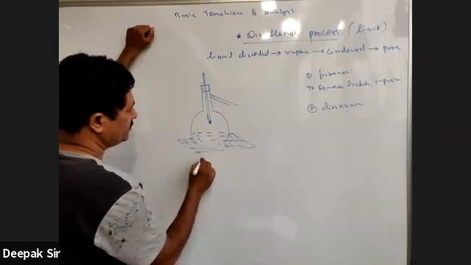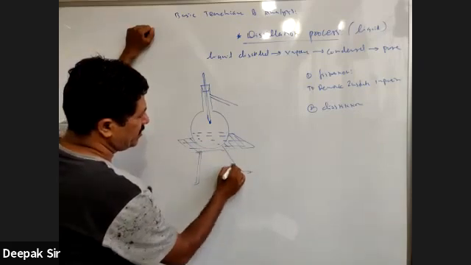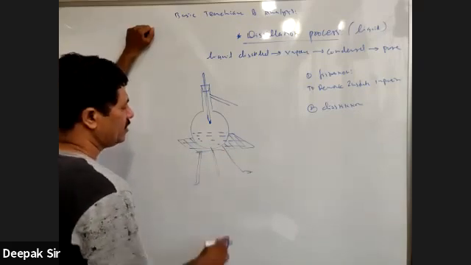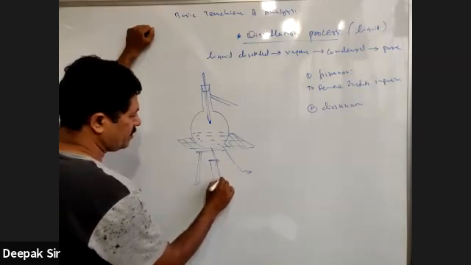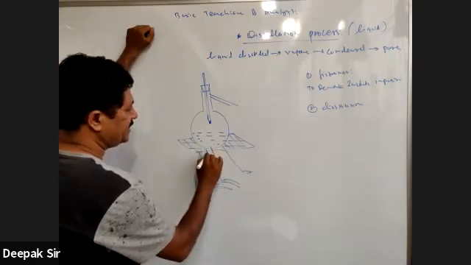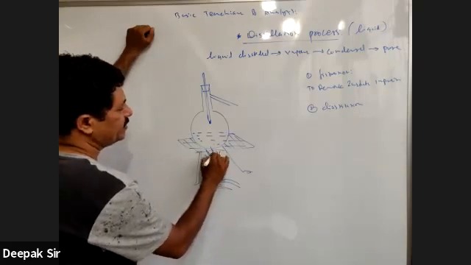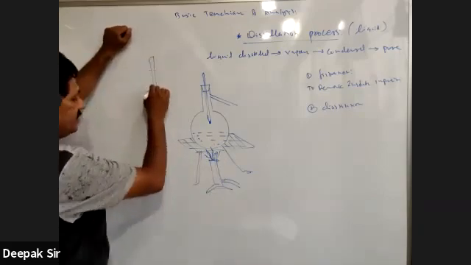This is the wire gauze. Here is the tripod stand. Here is the burner, and it is heated.